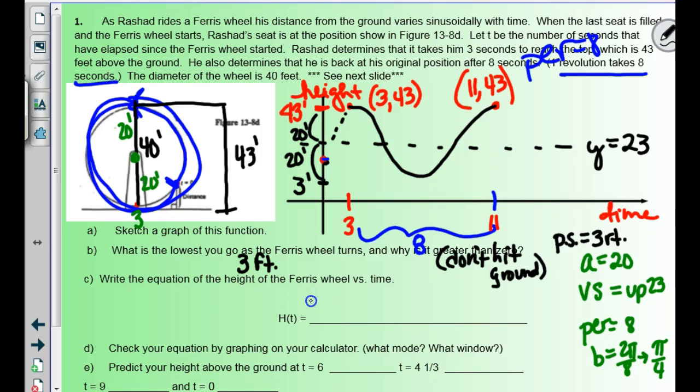Write the equation. Okay, anybody think they got it? What do you have? Okay, I have h of t, but that's fine. I'm going to use t, but I'm not picky.